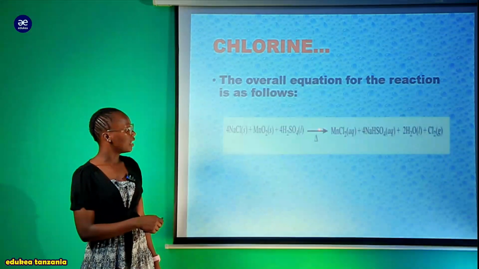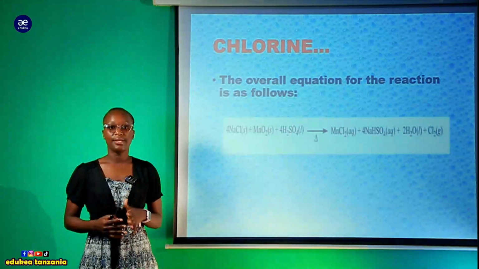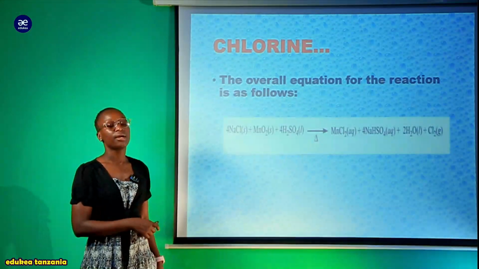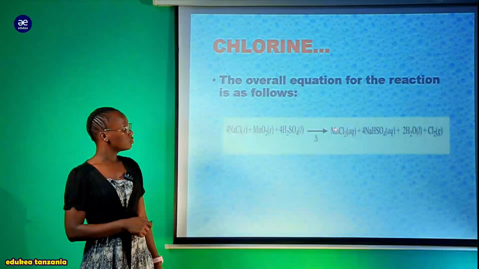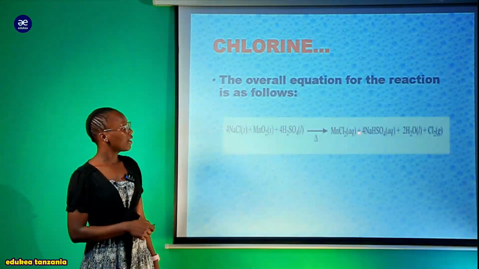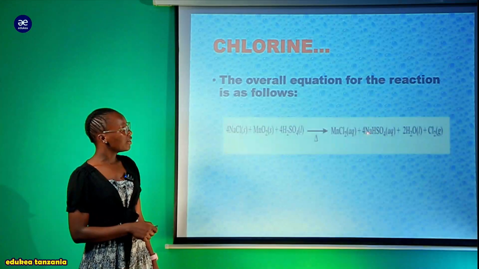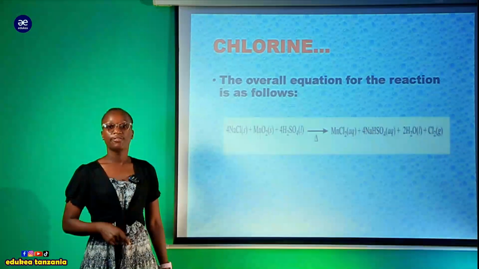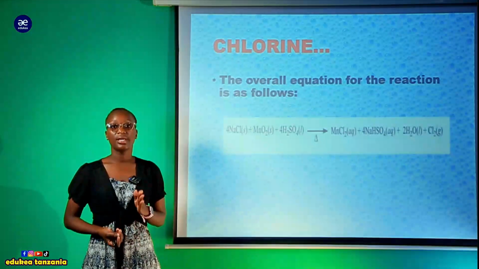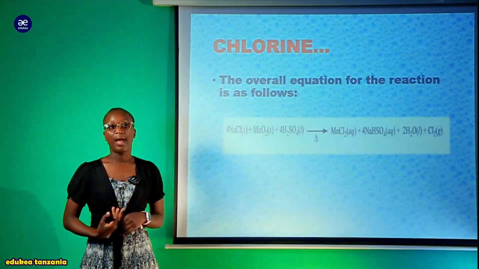This delta means that heat is applied, so ukiona hii kwenye mshale mean that there is heat applicable here. So we are going to have manganese chloride plus sodium hydrogen sulfate plus water, but finally we are going to release the chlorine gas, which is what we need to prepare.